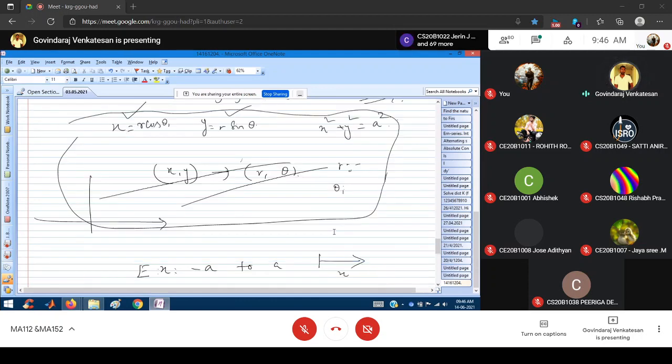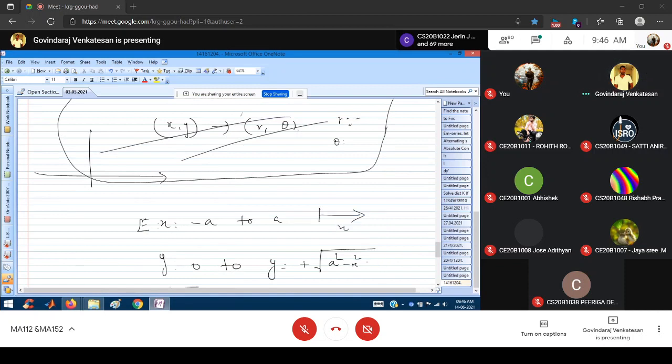So in the graph I can write, okay, this is our upper half of the circle. This is our r and this is our theta.